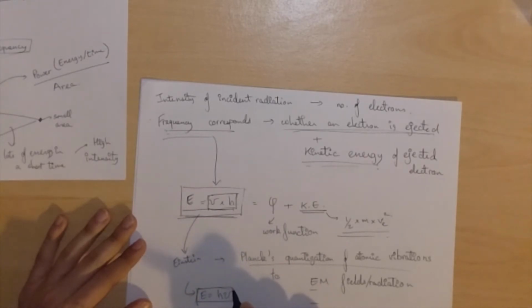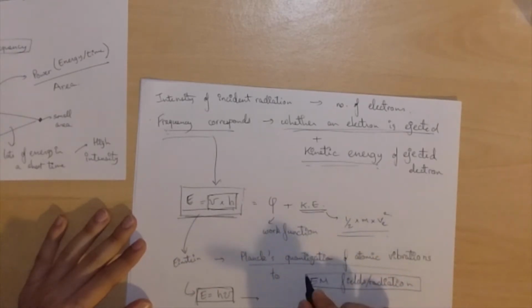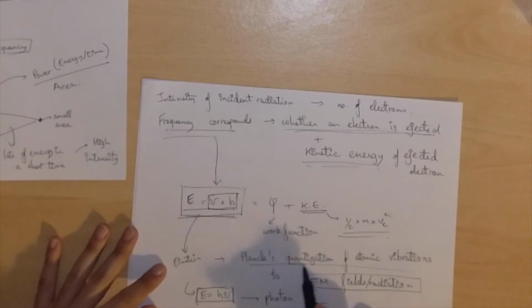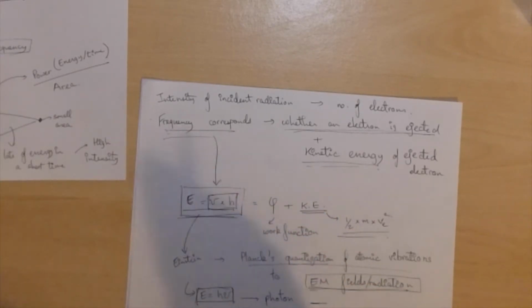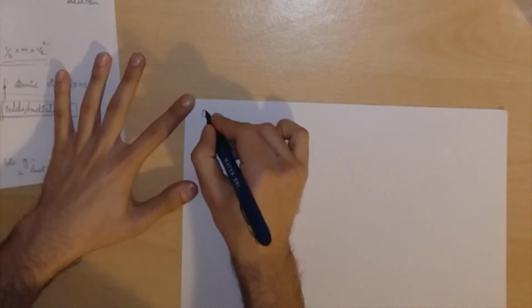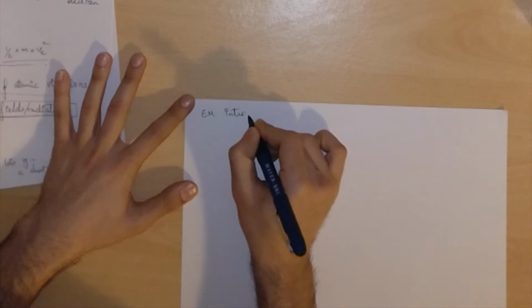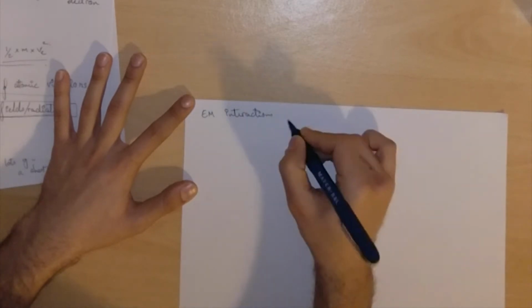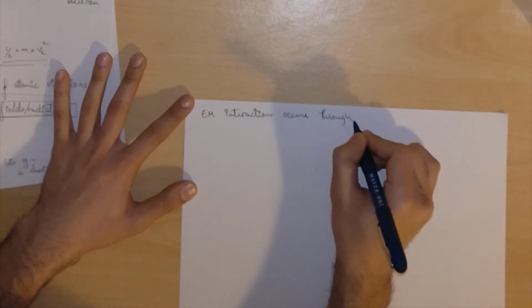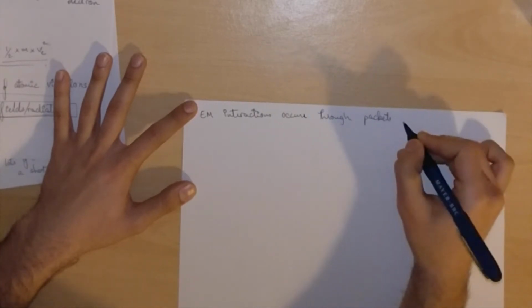And if you think about what he's doing, he's essentially treating the field as a packet in terms of its frequency. And this is how the concept of the photon came about, by quantizing the electromagnetic field, so any sort of light, into small packets. And he stated that electromagnetic interactions occur through packets called photons.